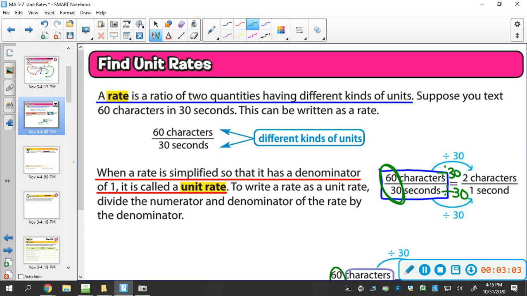So 60 divided by 30 is 2. So for a unit rate, you're always going to divide by whatever that bottom number is, because that's the only way to get a 1. It says to write a rate as a unit rate, divide the numerator and the denominator of the rate by that bottom number.